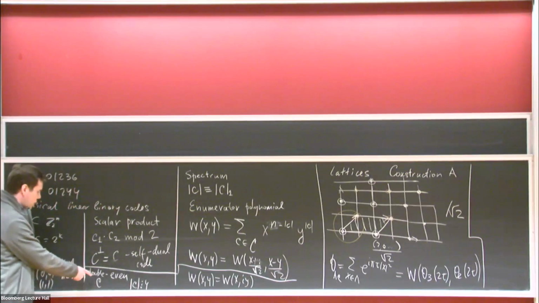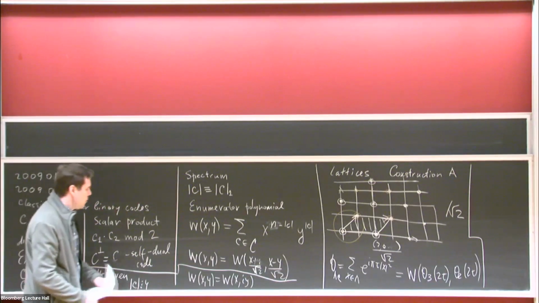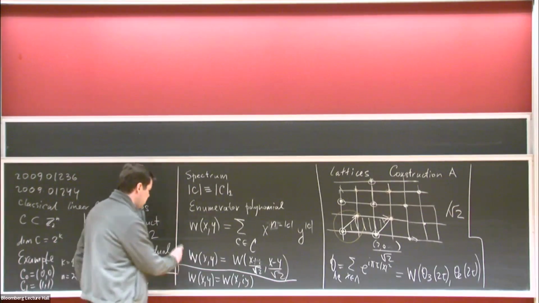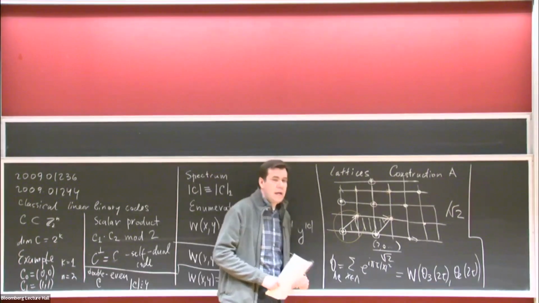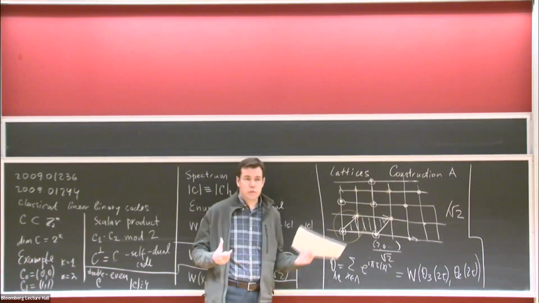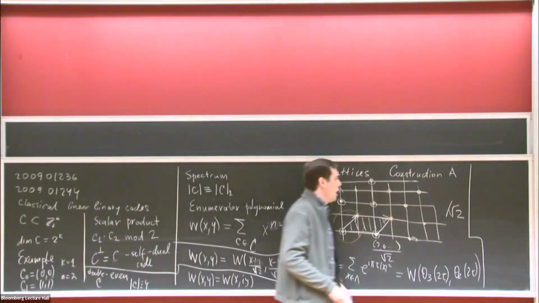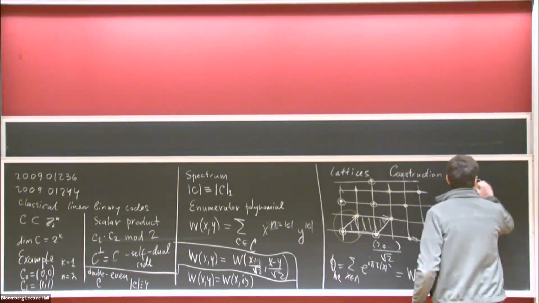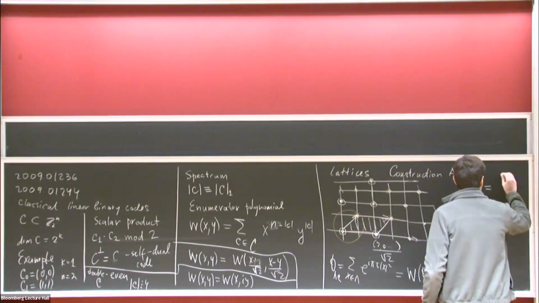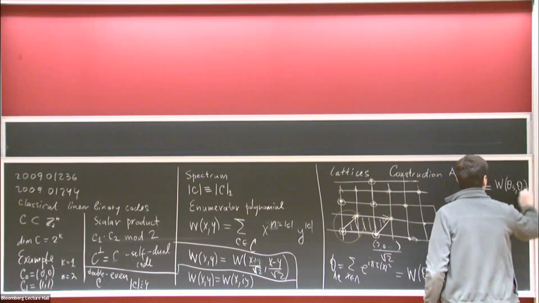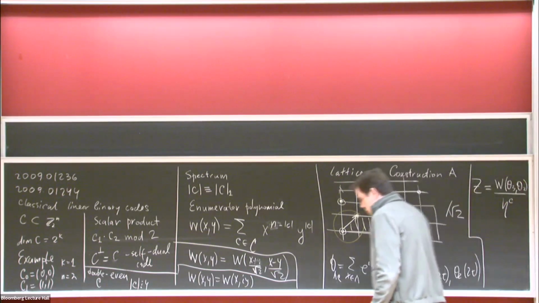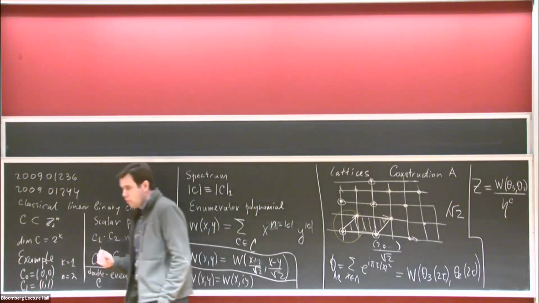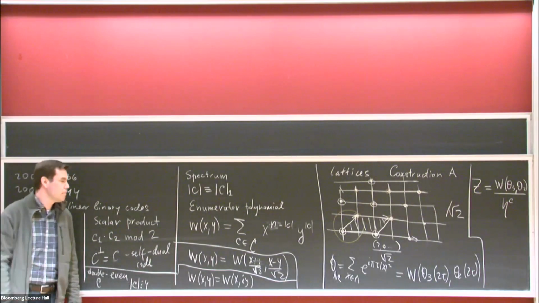So if I start with a doubly even self-dual code, my polynomial will satisfy these two identities, and my lattice will be even self-dual. And then I will be able to define a chiral CFT with the help of this lattice. The partition function of this chiral CFT will be given by the lattice theta function, which in this case becomes the polynomial, and then I will have the Dedekind function in the denominator. So that's pretty much all I wanted to say about classical codes.